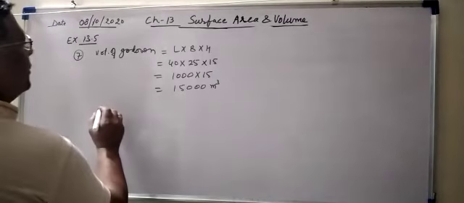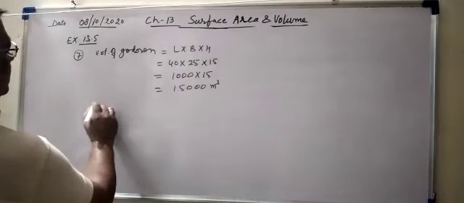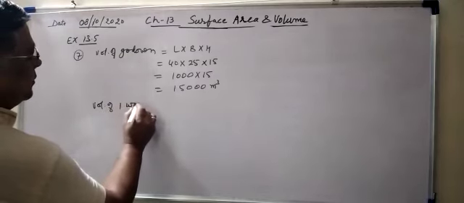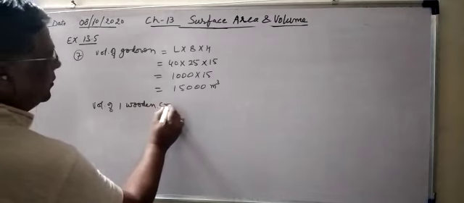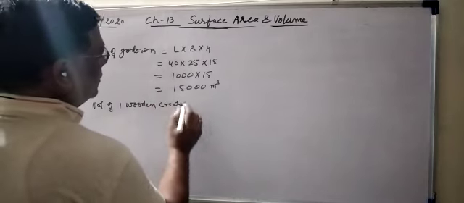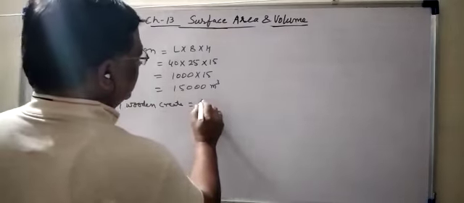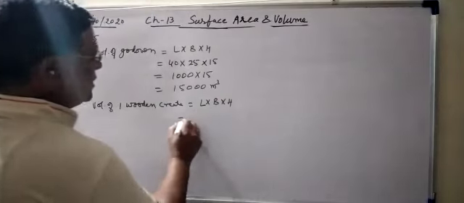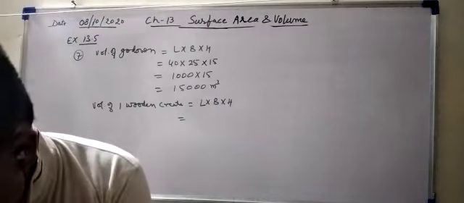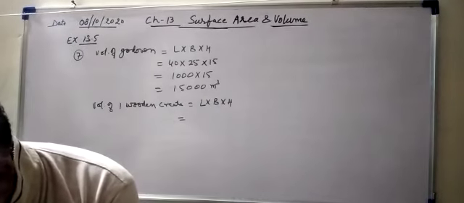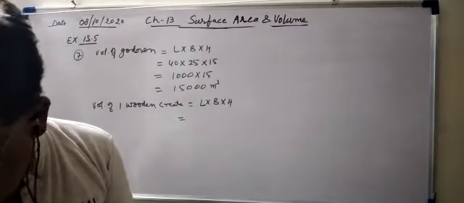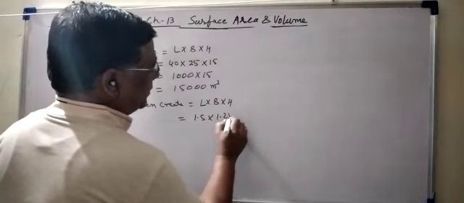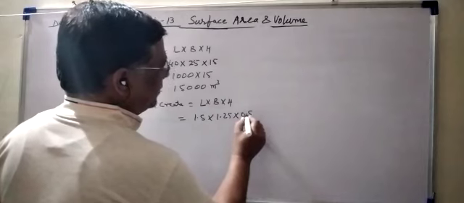And the volume of one wooden crate. That is also length, breadth and height. The dimension for this wooden crate is 1.25 meter, 1.25 meter and 0.5 meter.